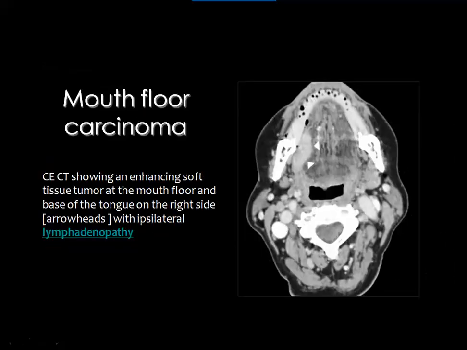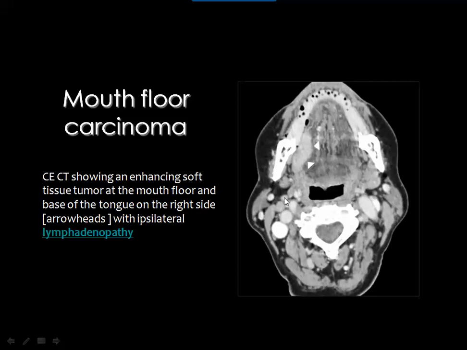Then looking at this example, you can see an enhancing mass in the right side of the mouth floor, and this mass is confined to the right side. It has not crossed the midline. One of the important issues is to look for lymphadenopathy. If you look carefully here, this is the sternomastoid muscle, and this is the lower part of the parotid gland, and here you can see these lymph nodes.